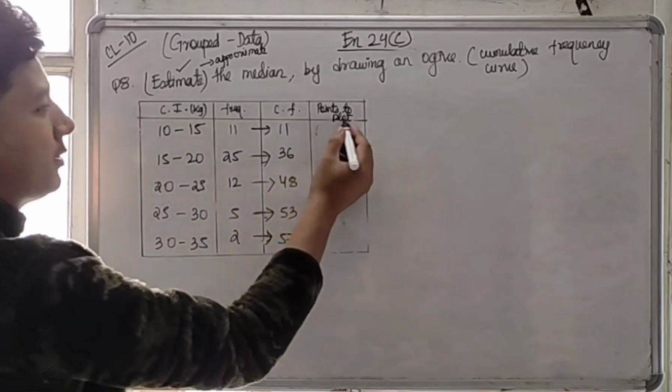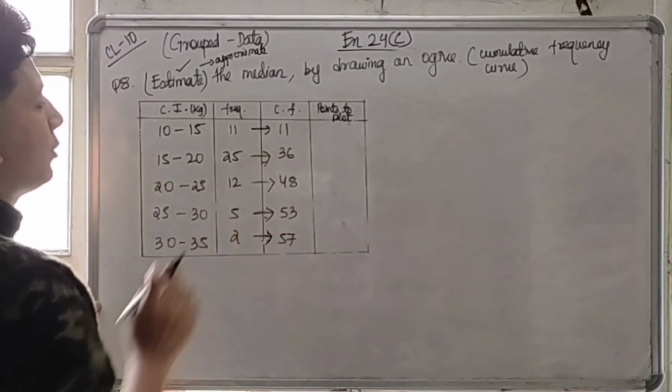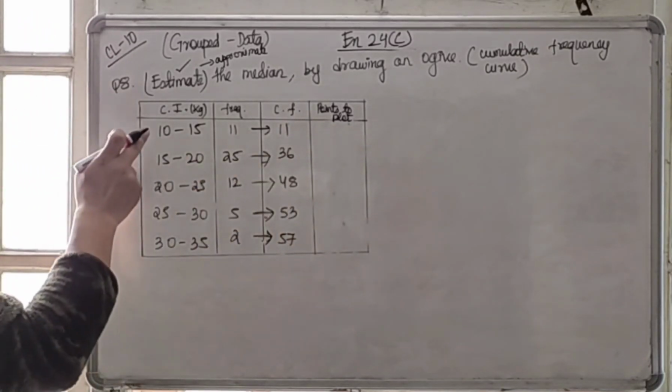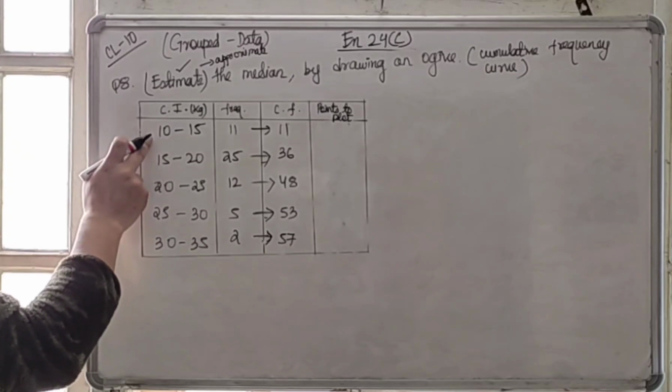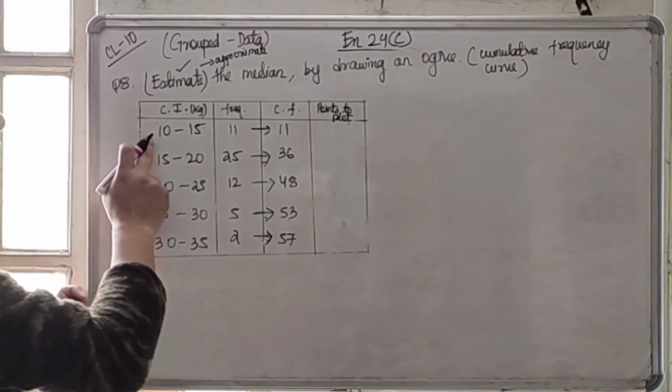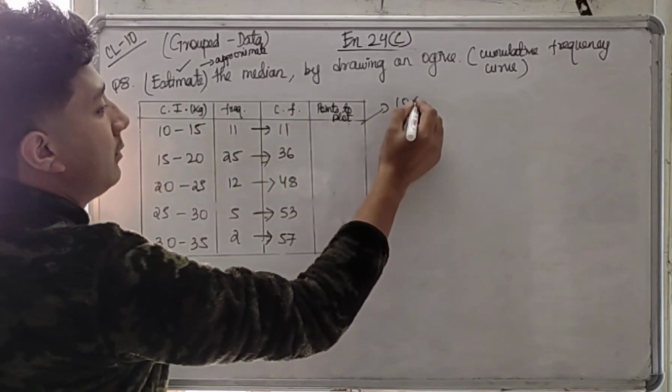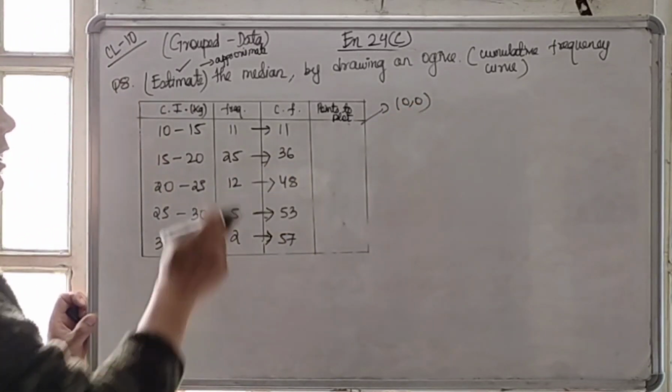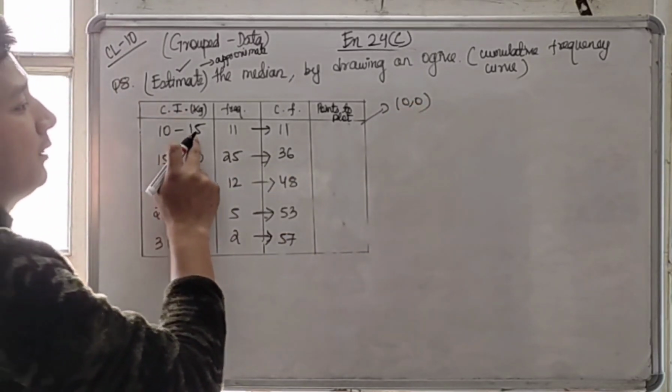So what will be the points to plot? Since it is starting from 10 comma 15, I suggest you take the first point as 0 comma 0. Start with 0 comma 0, and now 15 comma 11.